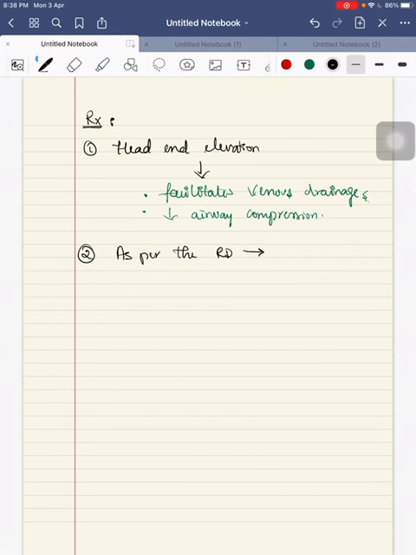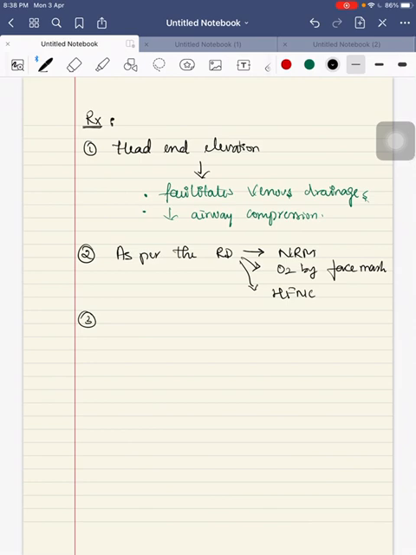Second, you have to look for the level of respiratory distress the child has. As per the respiratory distress, you can give NRM, or plain oxygen by face mask, or HFNC, that is high flow nasal cannula.